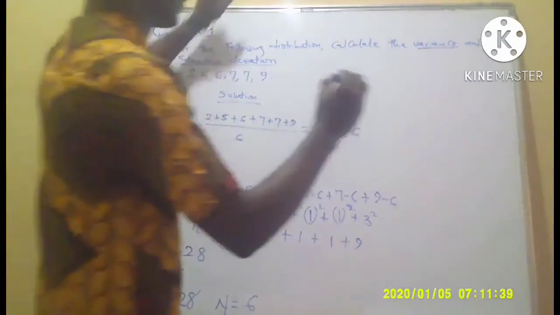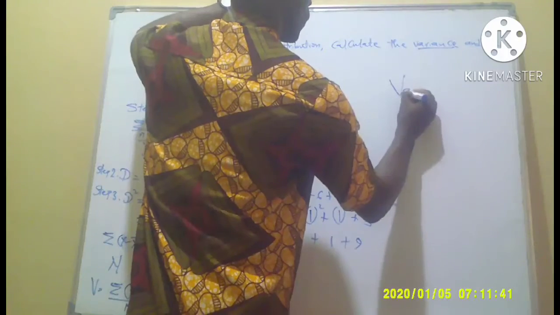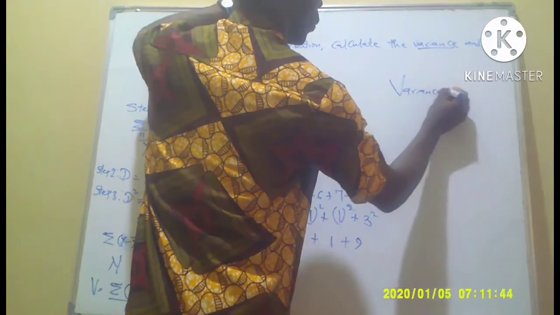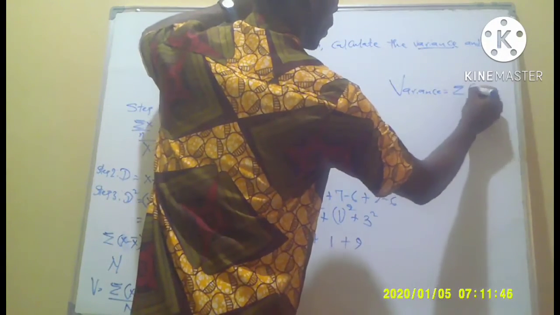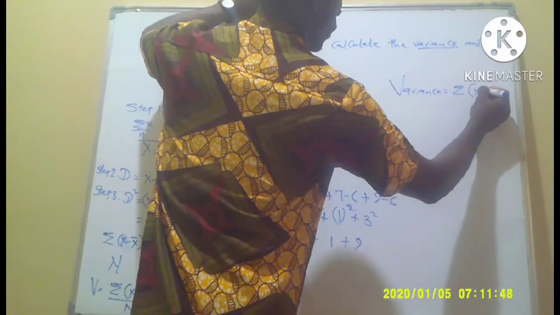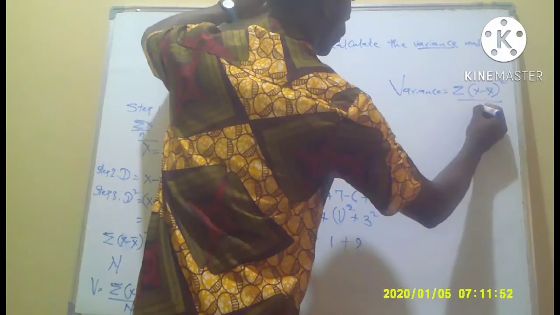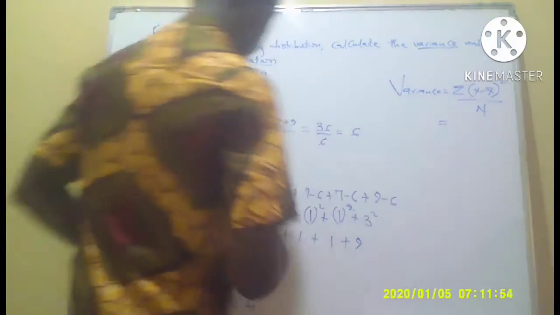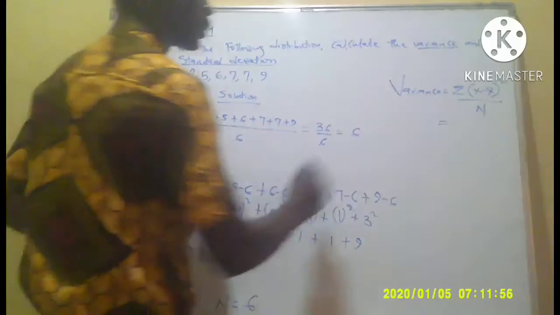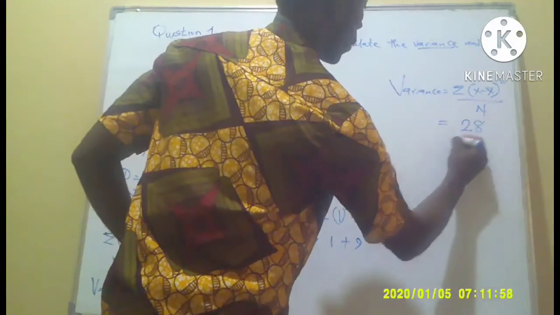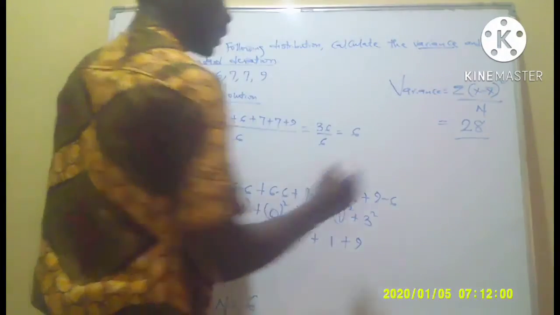So variance is equal to the sum of deviation squared over n, which is 28 over 6.